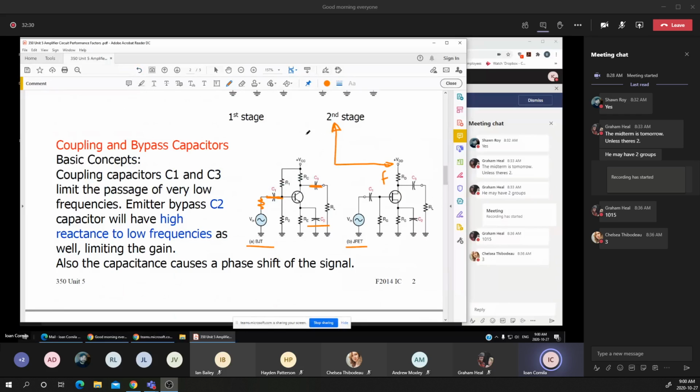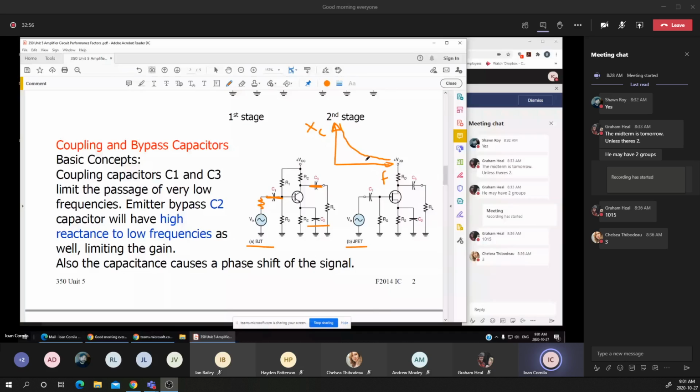Now let's see, that's the XC, and the XC, remember, is 1 over 2 pi FC. Means that at very low frequencies, the reactance is very large, and as we are increasing the frequency, the reactance of the capacitor becomes very small.